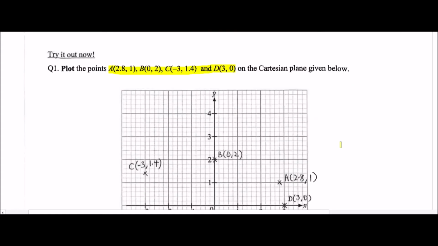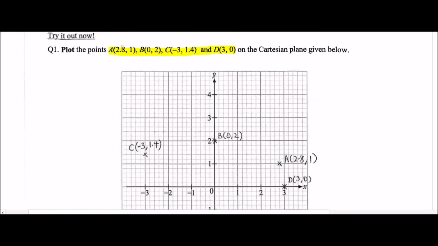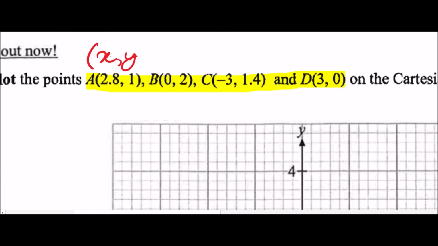For point A, it is 2.8 comma 1. Remember, in this ordered pair, 2.8 comma 1, the x coordinate is 2.8 while the y coordinate is 1. Remember it always comes in a pair, x comma y.